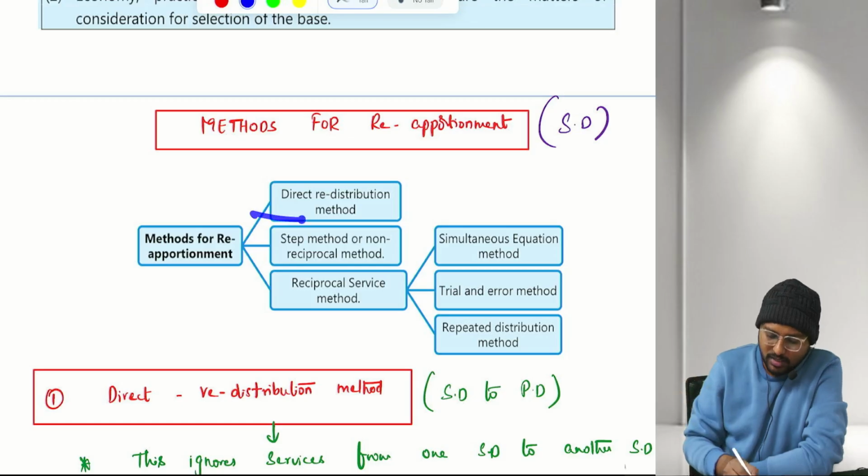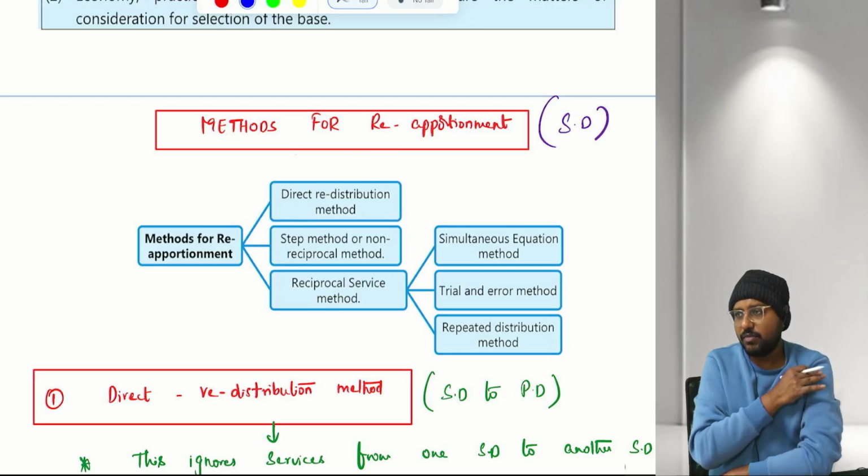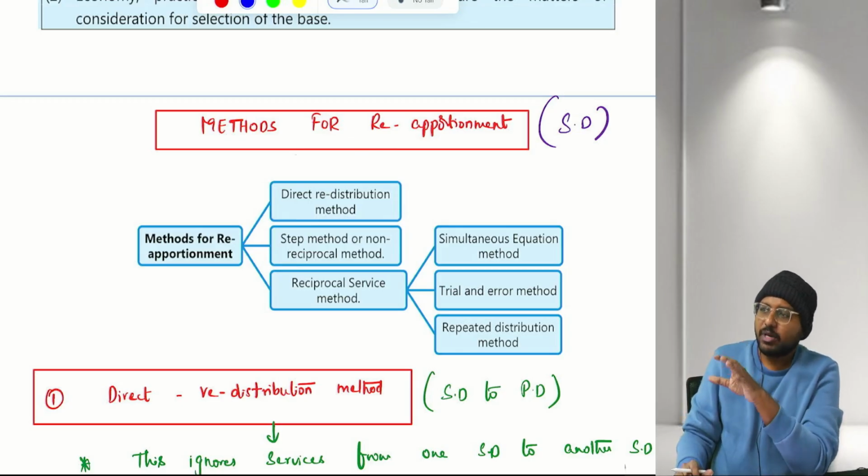See, here you need to understand a few things when we are solving sums. When it comes to direct distribution method, we know that service department overheads will be directly distributed to production departments. That's fine. But when we are solving sums, sometimes data is not given. What do I mean by data not given? One service department providing service to another service department, data will not be given.